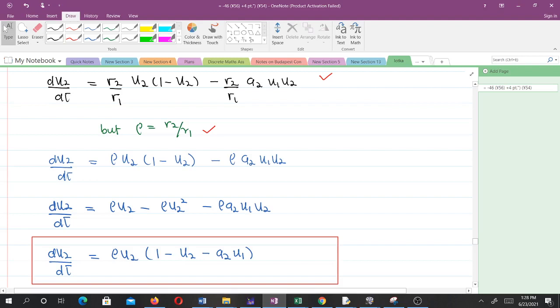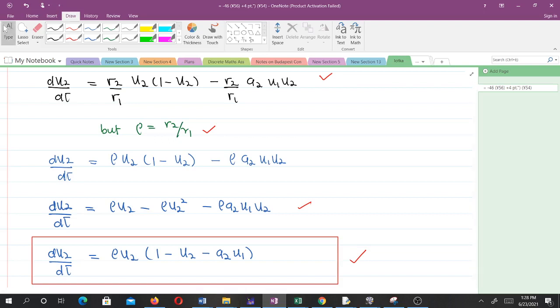So when we multiply through, you can see that they all have a common factor, which is rho u2. So when you factorize that out, you are going to get this here, and this here happens to be the non-dimensionalized equation for the second equation, okay?